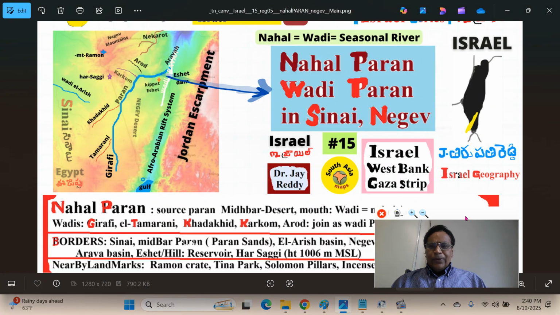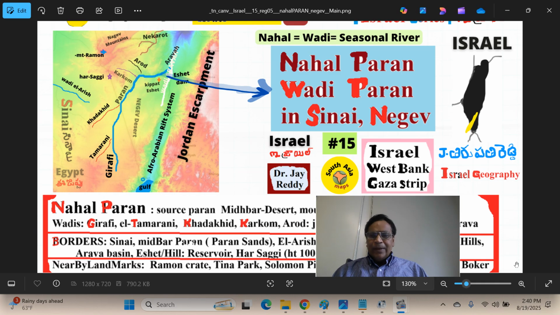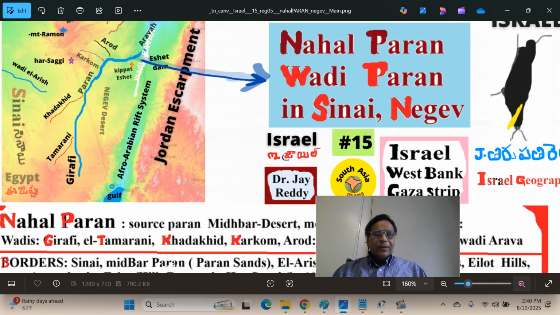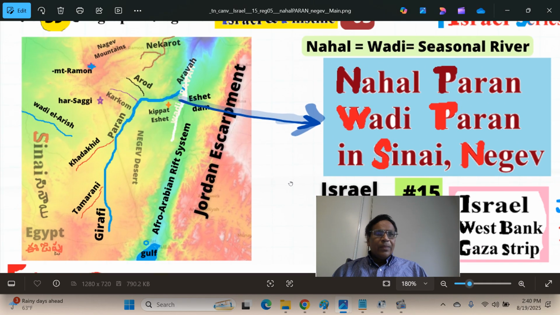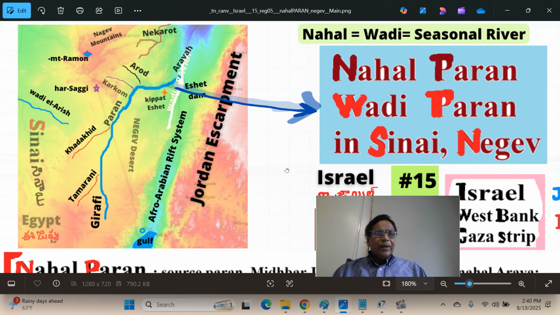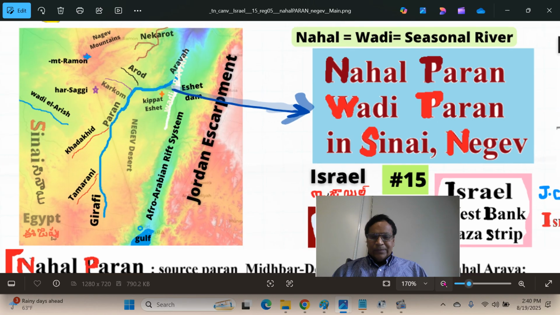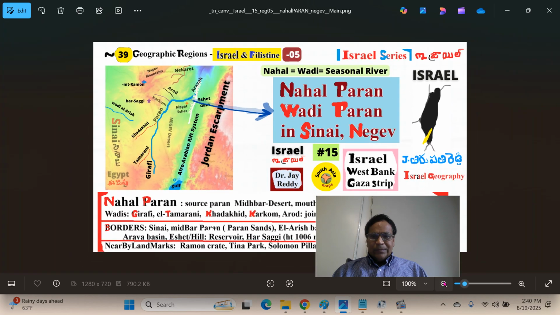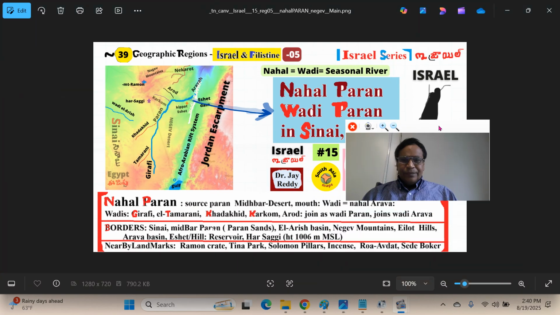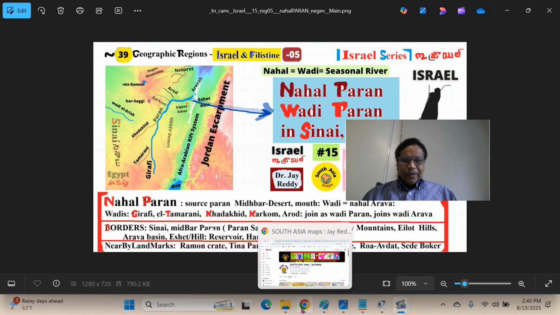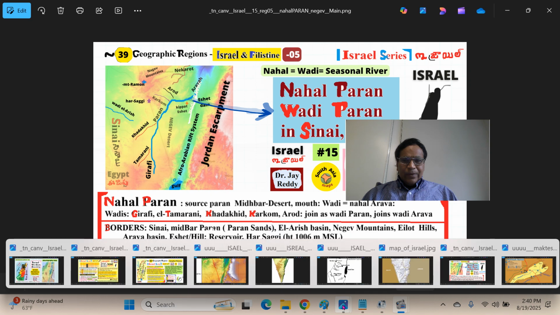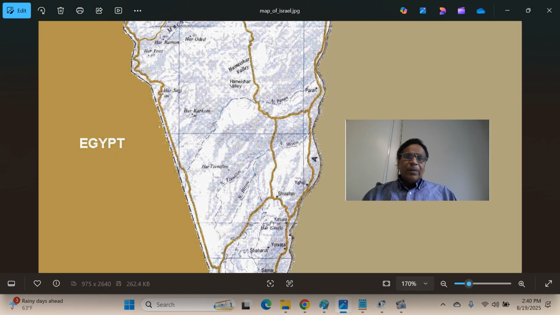I will try to show a bigger map here. So you can have a bigger map here. We can see a broader perspective.